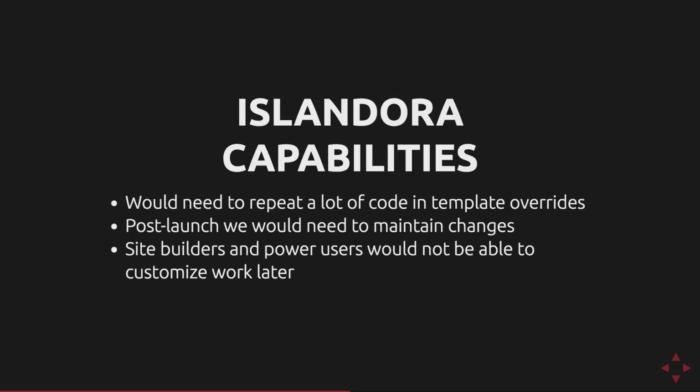Post-launch, we would definitely need to maintain these templates because they wouldn't be as straightforward anymore. And site builders and power users would essentially be helpless to customize this work, other than using things like Solr metadata. But we wanted a little more.